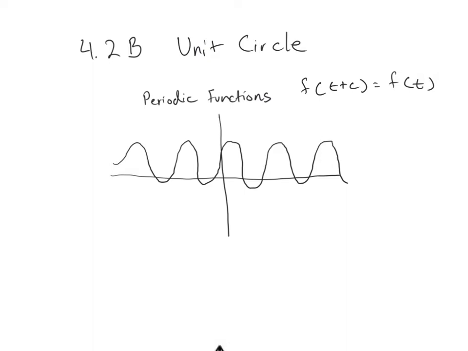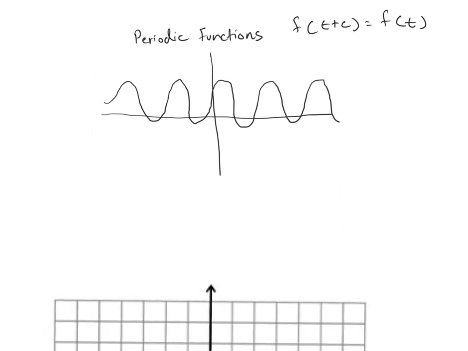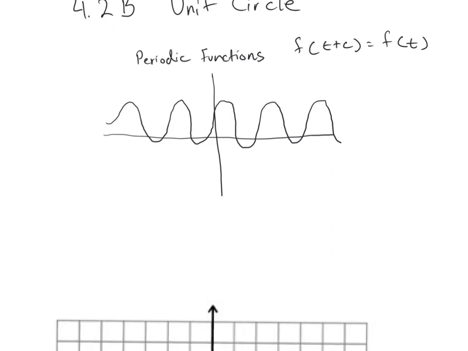Like instead of having anything within that 360 degrees, let's say we were given 700 degrees and they wanted us to find those trigonometric functions. Well, the wonderful thing is our trigonometric functions are periodic and they repeat. So that helps us in that case.